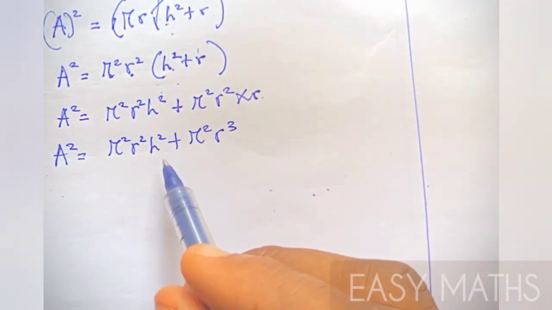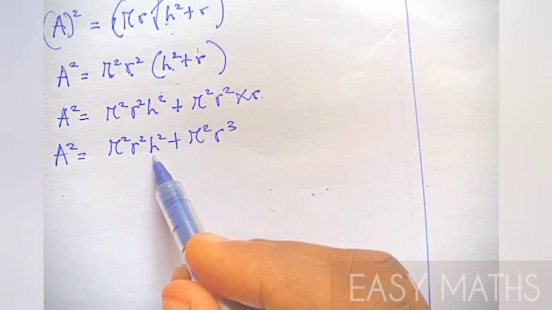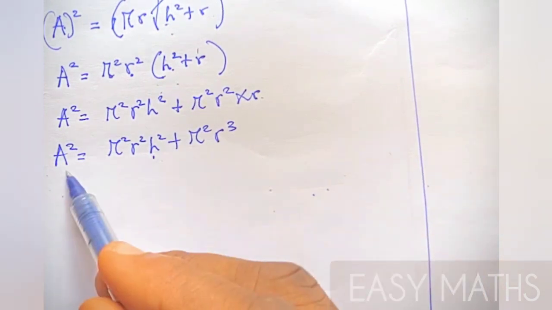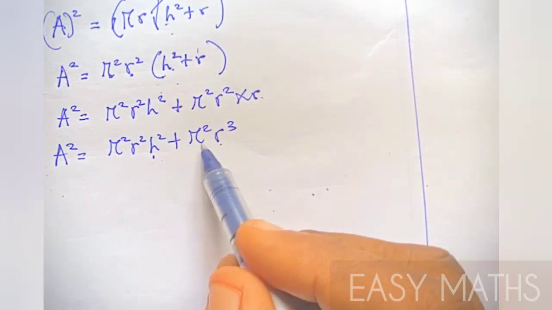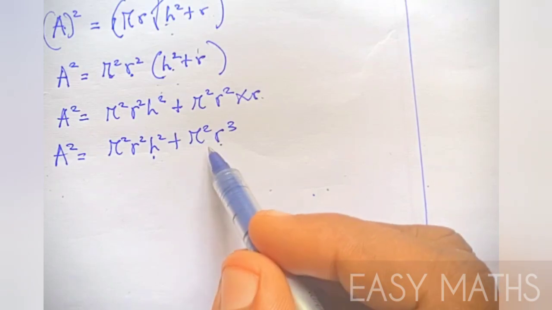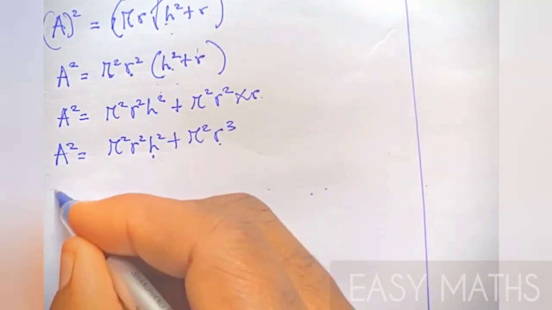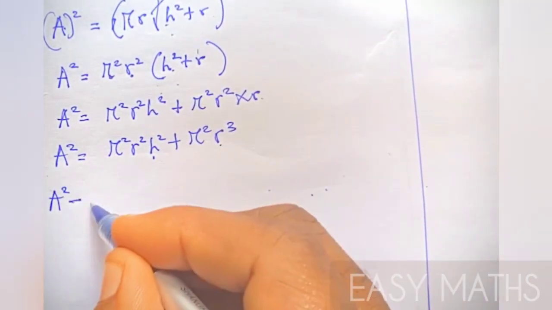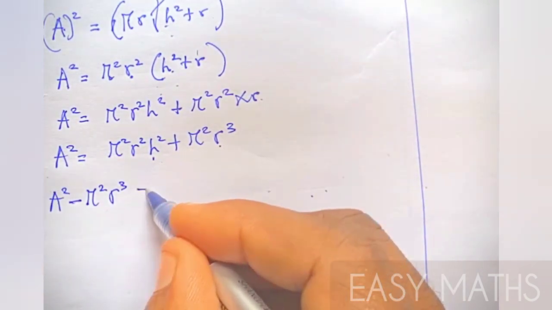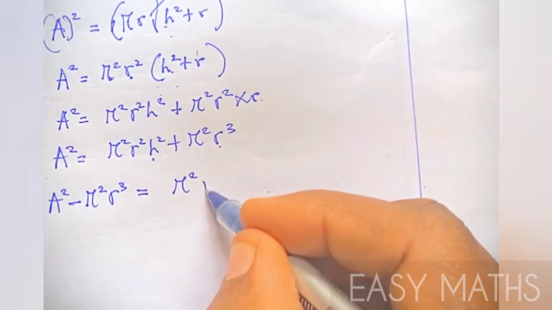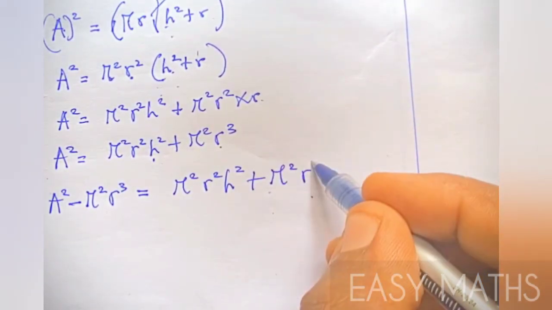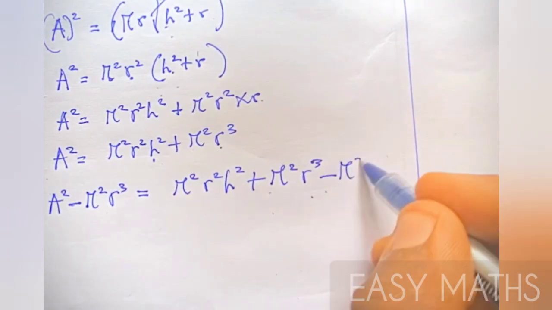Okay, now remember, our focus is to make h the subject of formula. We can decide to remove this pi squared r cubed to this side to make it simpler. The inverse of addition is subtraction, so we are going to subtract pi squared r cubed from both sides. So we have a squared minus pi squared r cubed equals pi squared r squared h squared plus pi squared r cubed minus pi squared r cubed.